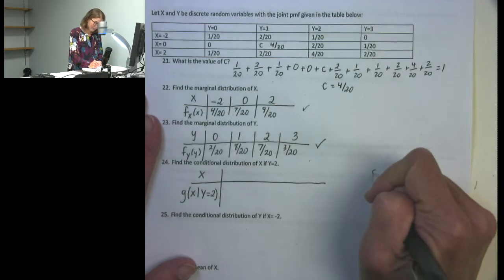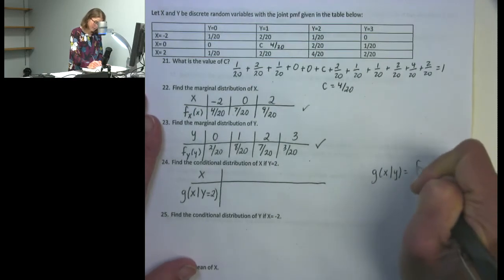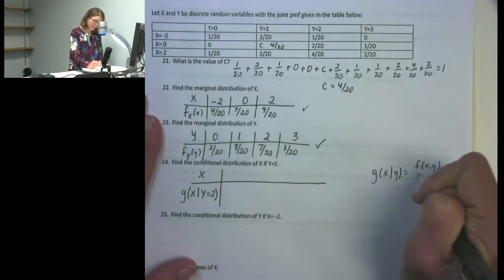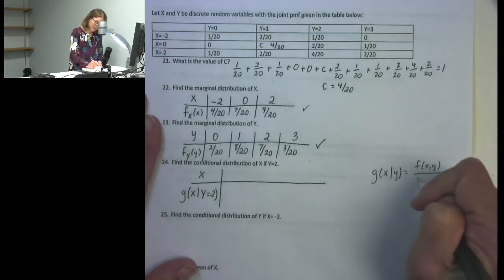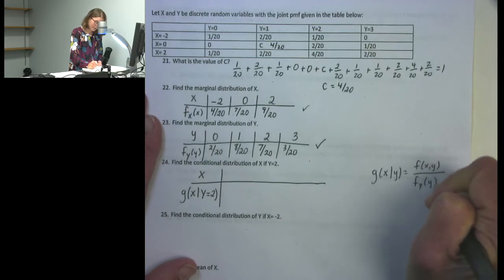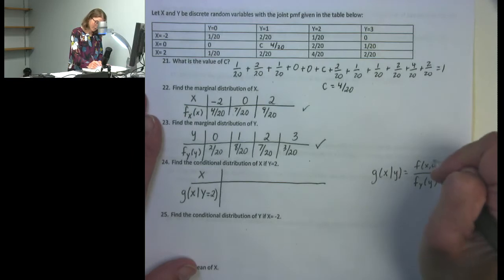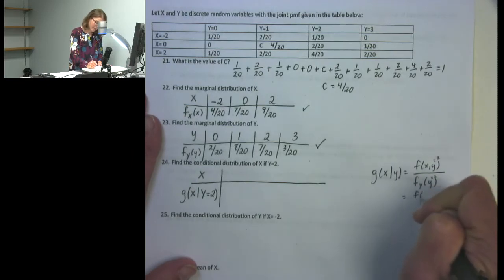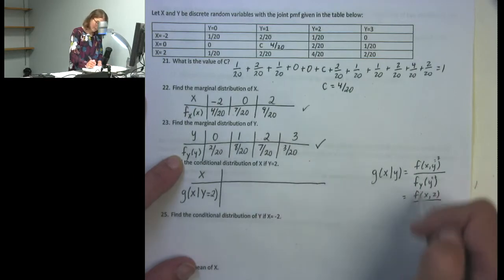To do this, remember g of x given y is equal to f of x,y, the joint probability that X is equal to x and Y is equal to y, divided by the marginal probability that Y is equal to little y. So for this situation where y is equal to 2, this is going to be f of x,2 divided by the marginal probability that y is equal to 2, which is 7/20ths.